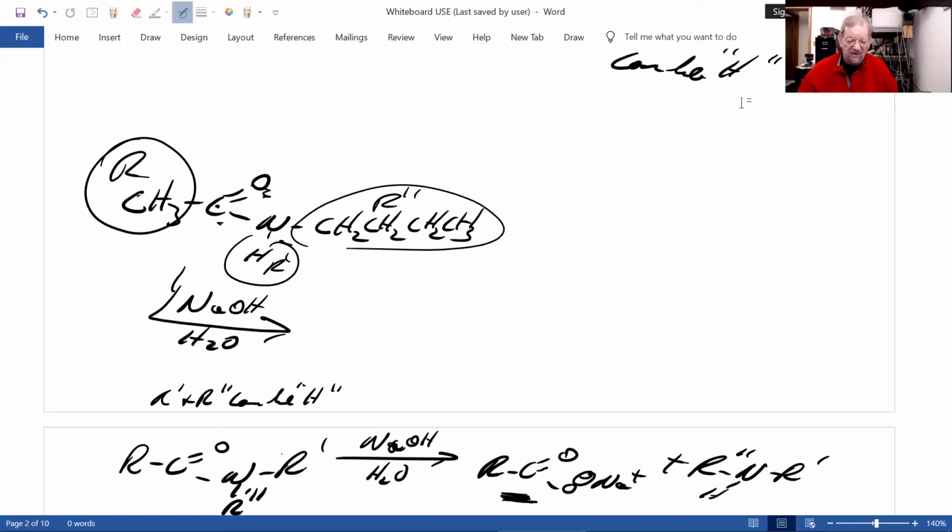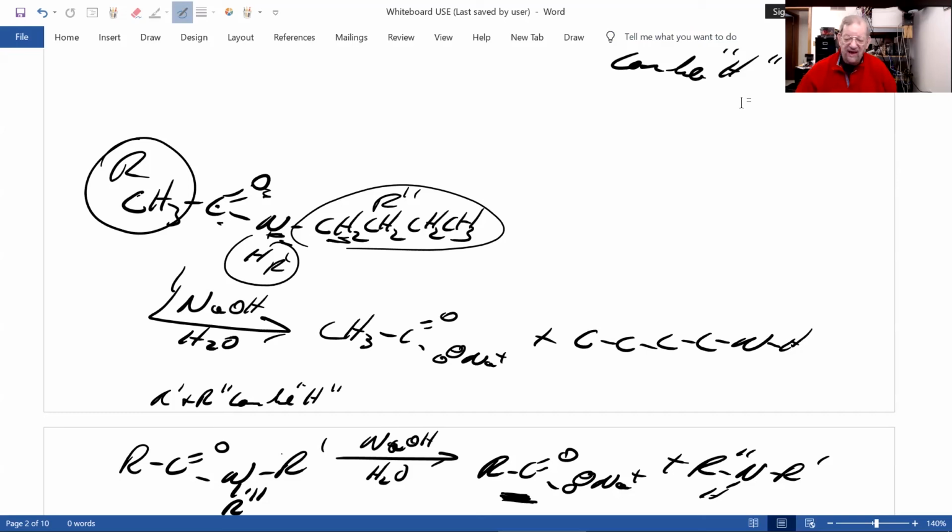I get my carboxylate anion, R is methyl, and I get this. Next, my amine, R double prime is then butyl. 4 carbons, the carbon bonded to the nitrogen here will be bonded nitrogen here. Then my R group, R prime or double prime hydrogen, add 1 more.